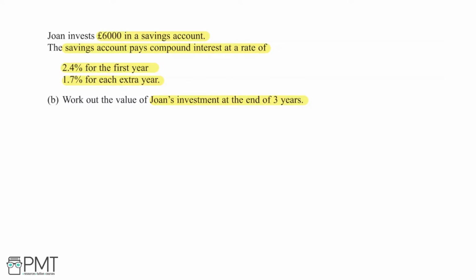So compound interest: the new value is going to be the initial times the interest multiplier to the power of n, which is the number of years it was paid. After the first year, Joanne will have 6,000 times 1.024 to the power of 1, because it's only for 1 year.